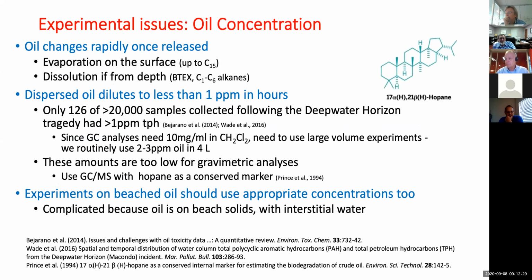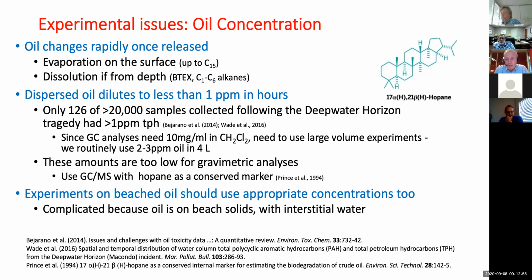Oil concentration. This is one that's most important. But it's also important to think about what sort of oil it is, what the composition of the oil is. Remember, if you're going to do a dispersant experiment, with the best will in the world, under most circumstances, certainly all ship spills, they won't be spraying dispersant until at least 12 hours, right? I mean, it's just silly. In that time, spilled oil will have changed substantially.